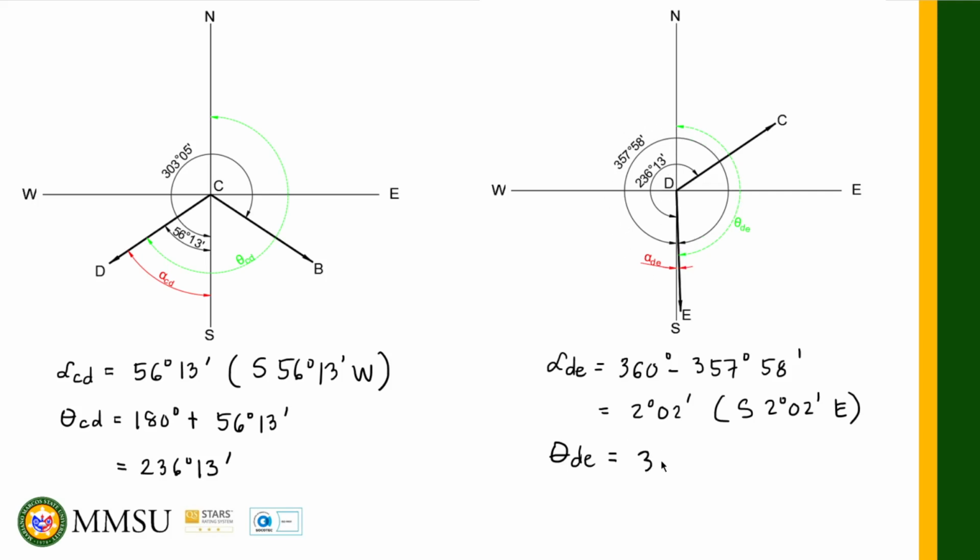So that's 357 degrees 58 minutes minus 180 degrees, which is equal to 177 degrees 58 minutes. Alright, that's the azimuth from north of line DE. And finally, let us go to the last station, station E.